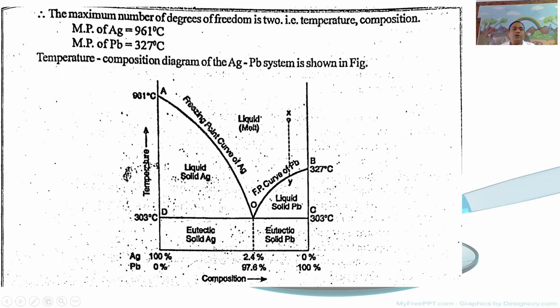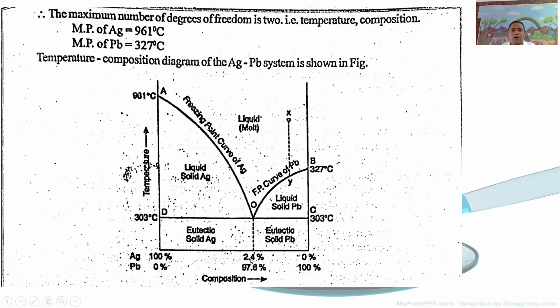Here, on the x-axis, at the left, silver is 100% and lead is 0%. While moving right along the x-axis, the silver percentage gradually decreases and simultaneously the lead percentage increases.